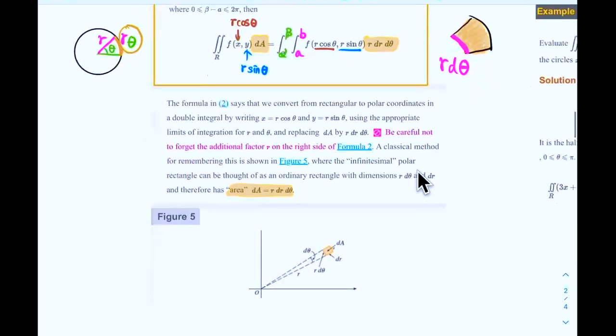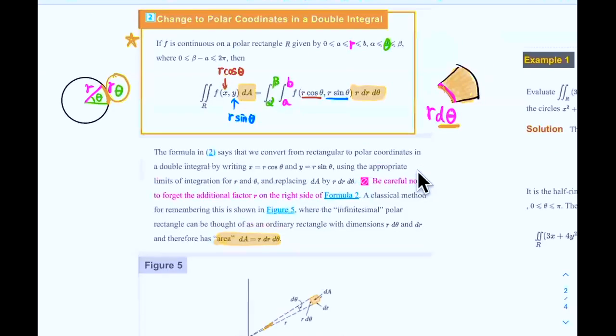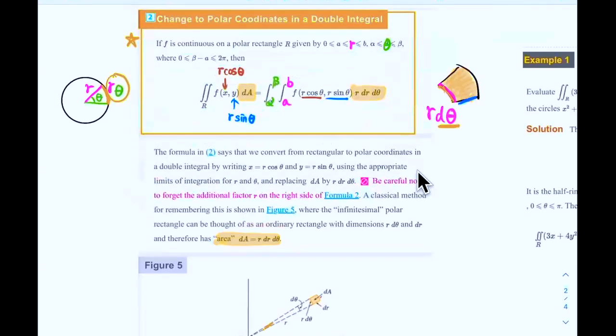So because the change in theta here is d theta, r times d theta gives you this. The dr over here is this one. Think about that.